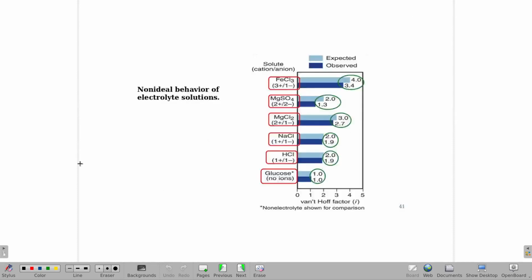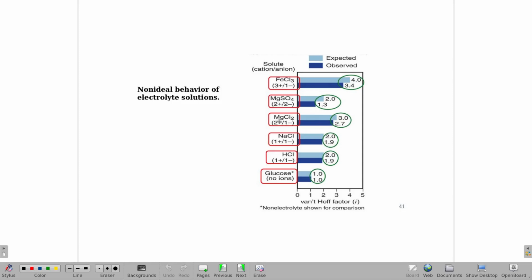Now, in perspective, we have some actual values, and we can see how they affect it. So for small charge species, like sodium and chlorine, both with single charges, and H and Cl, the actual van 't Hoff i is very close to the number of ions.